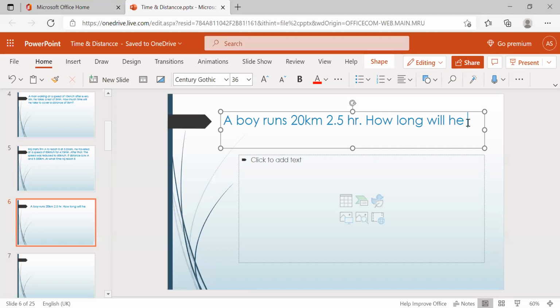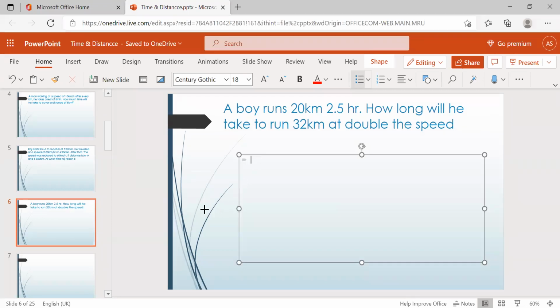So the question is for you: how long will it take to run 32 kilometers at double the speed? Try to solve this question and give the answer, then I'll solve this one.